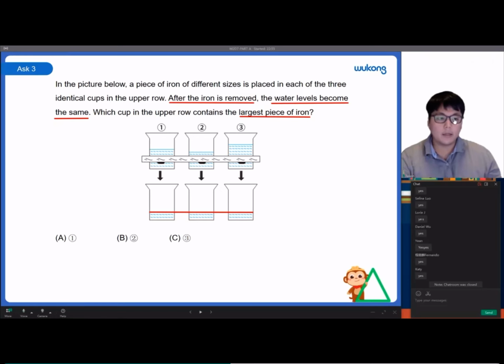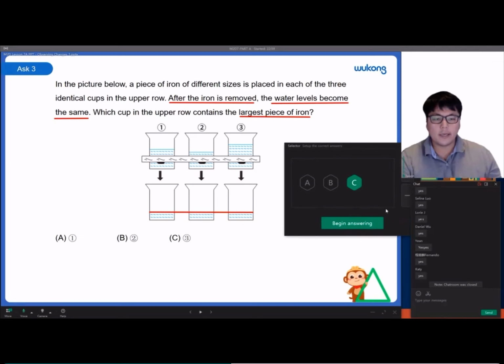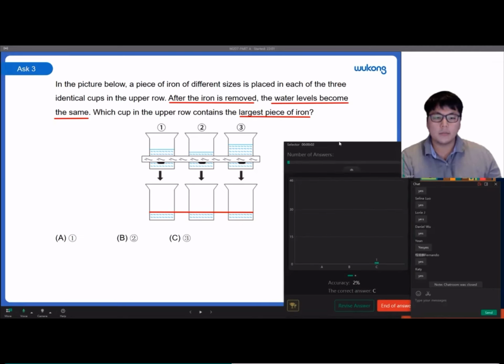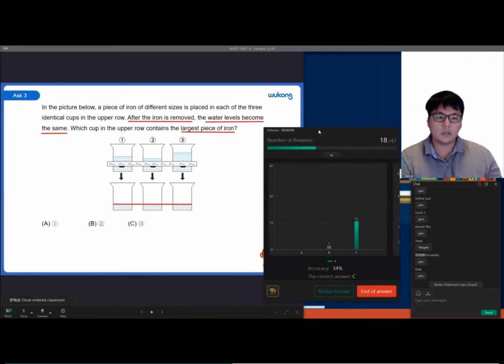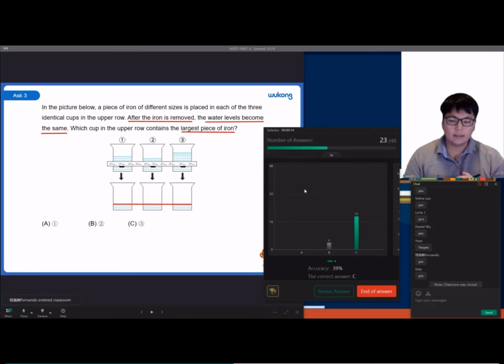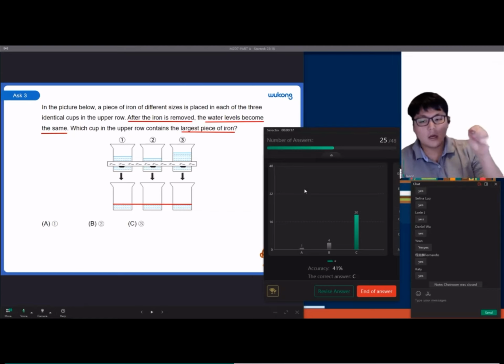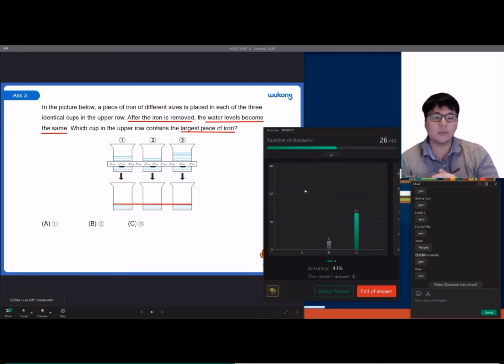Which cup do you think has the largest piece of iron? Let me get you guys to answer this one first, and let me explain a little bit later. So have a guess. Before I explain, what do you think, guys? I've drawn a red line showing the water level after taking out the iron piece.